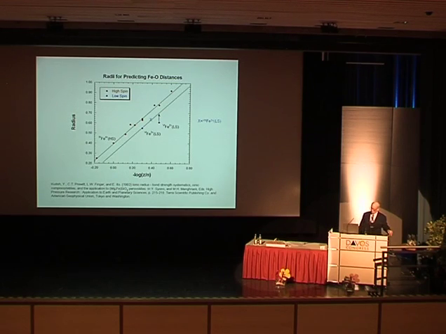The other thing that we included in our tables of radii are the cations as a function of spin, high spin, low spin transition elements. And when we published the radii, there wasn't a whole lot of interest in high spin, low spin.